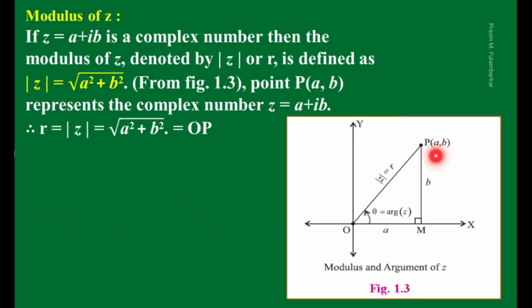Now we consider a point P with coordinates (a, b), because we consider the complex number z equals a plus ib. So this distance a is the distance of this point P from the y-axis, that is the distance on the x-axis, and this b, the y coordinate, that is the value of b, is the distance of this point P on the y-axis, because b is the y coordinate.